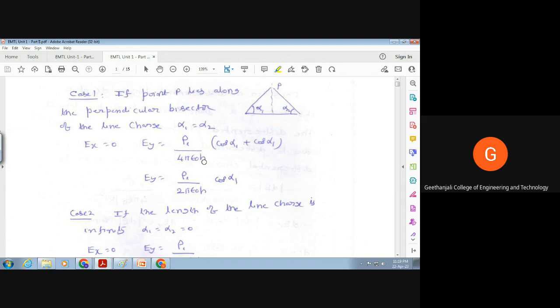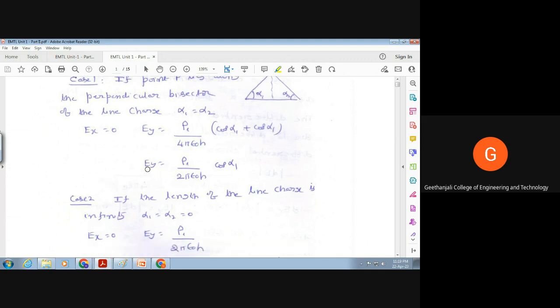Rho L by 4 pi epsilon naught h, sin alpha 2 minus sin alpha 1. If alpha 1 is equal to alpha 2, Ex would be 0. What about Ey? Rho L by 4 pi epsilon naught h, cos alpha 1 plus cos alpha 2. Because alpha 2 is equal to alpha 1, this is 2 cos alpha 1. So you will have only the normal component.